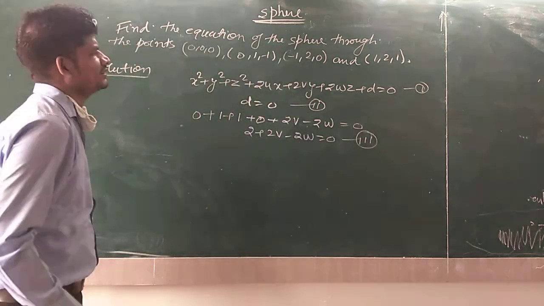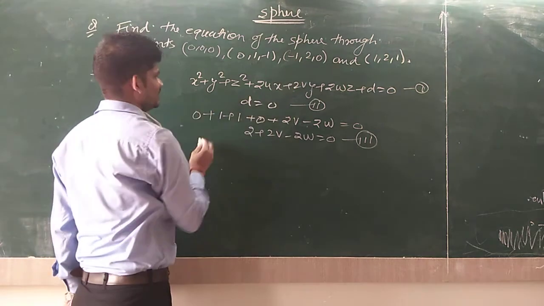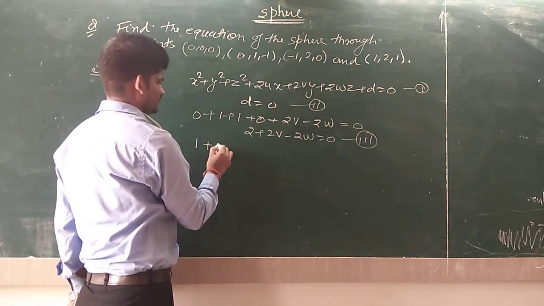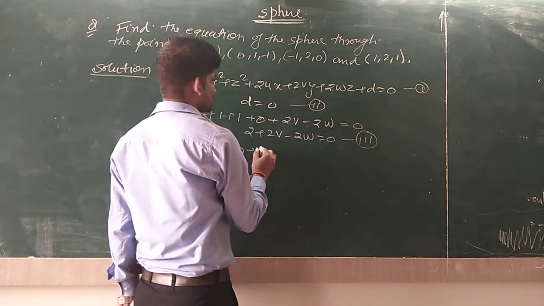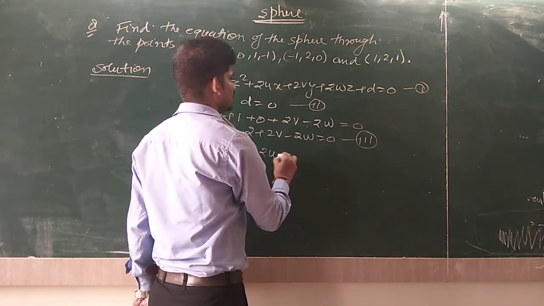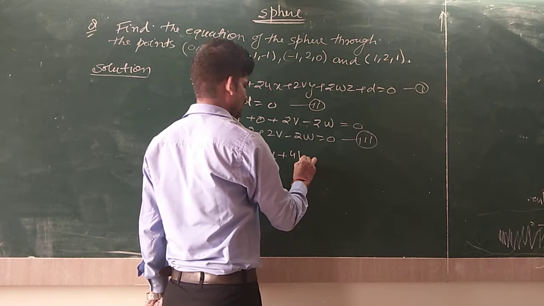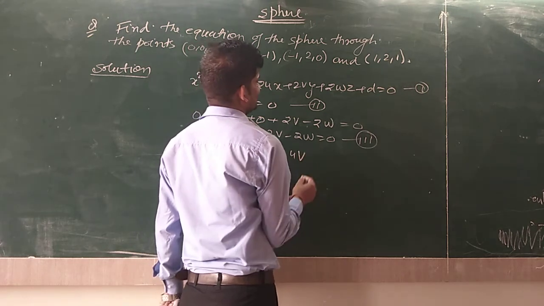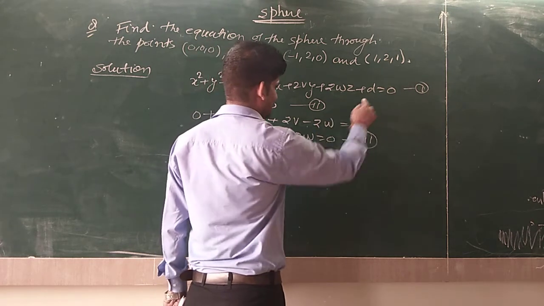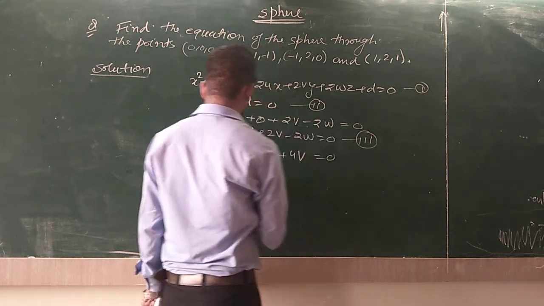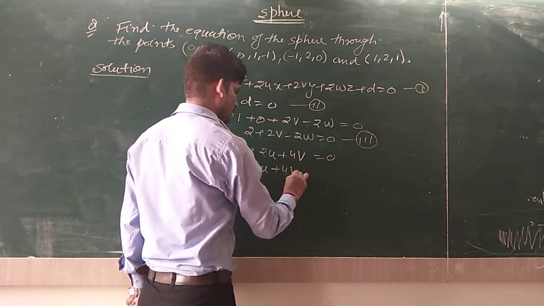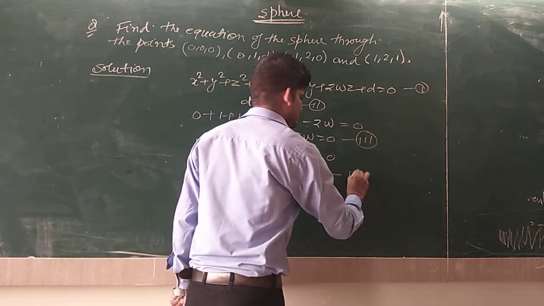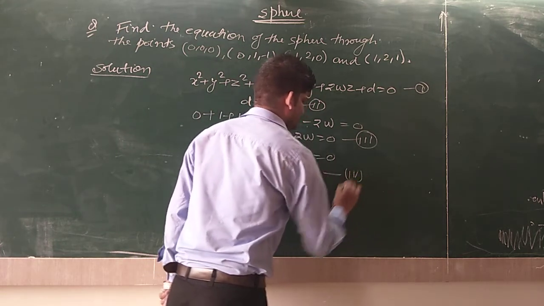And putting the third point, then we get 1, 4, 0, minus 2u, 4v, and the z coordinate is 0, and w is 0, and d is 0. So 5 minus 2u plus 4v equal to 0. This is the fourth equation.